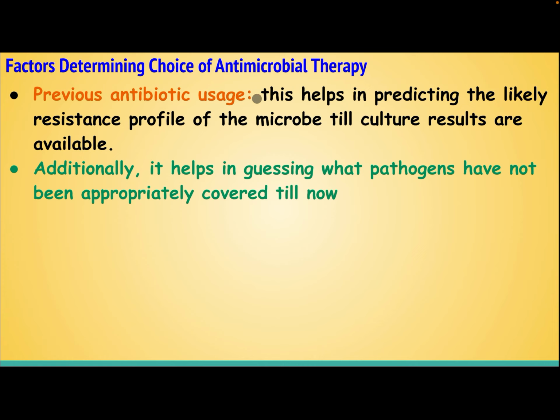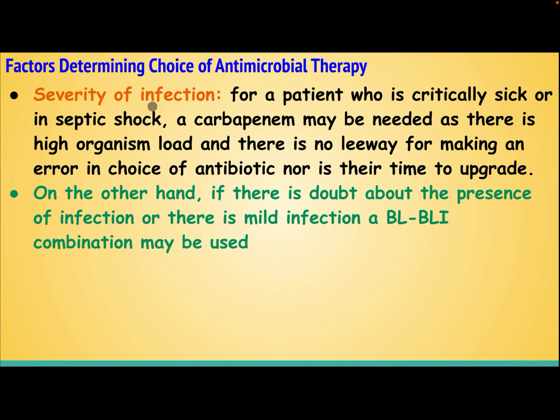Previous antibiotic usage. This helps in predicting the likely resistance profile of the microbe till culture results are available. Additionally, it helps in guessing what pathogens have not been appropriately covered till now. Severity of infection.